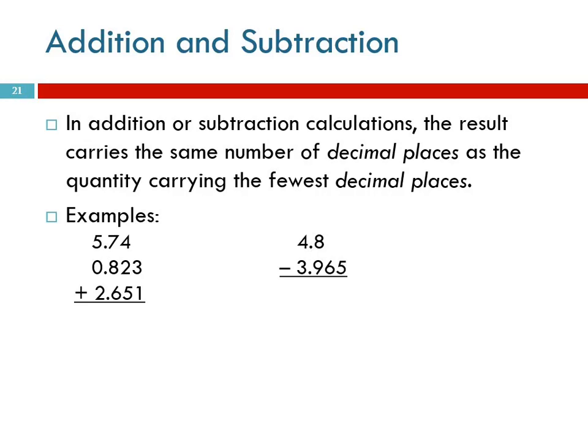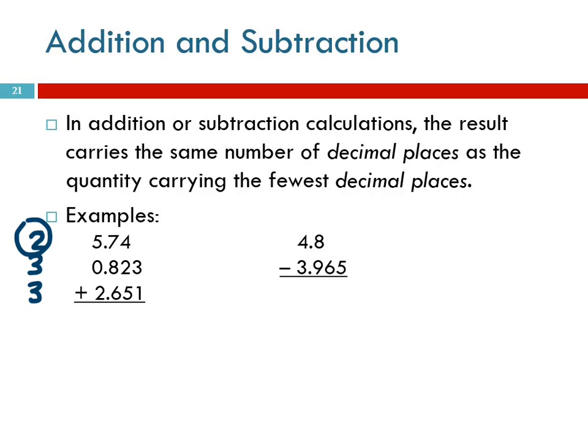So if we look at this addition, 5.74 has how many decimal places? 2. And 0.823 has how many decimal places? 3. 2.651, how many decimal places? 3. So we want our answer to have 2 decimal places.